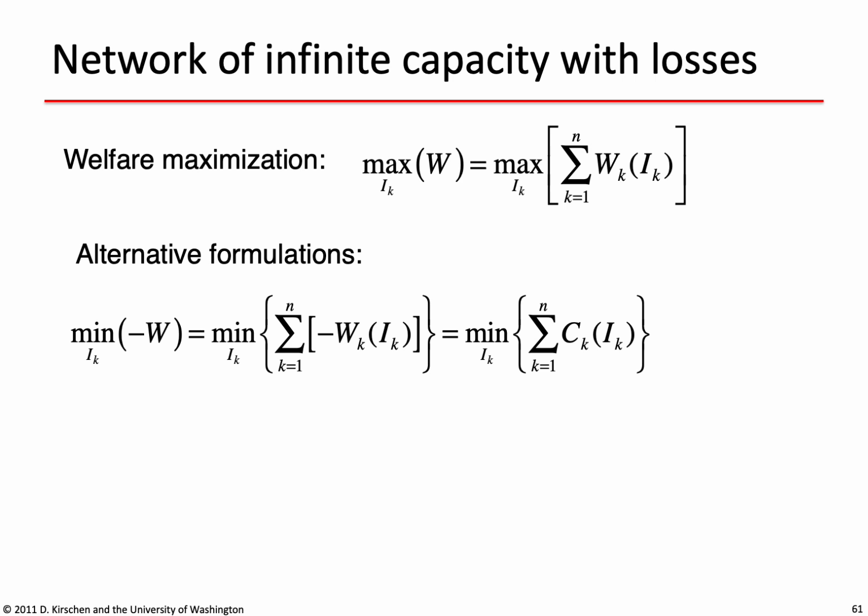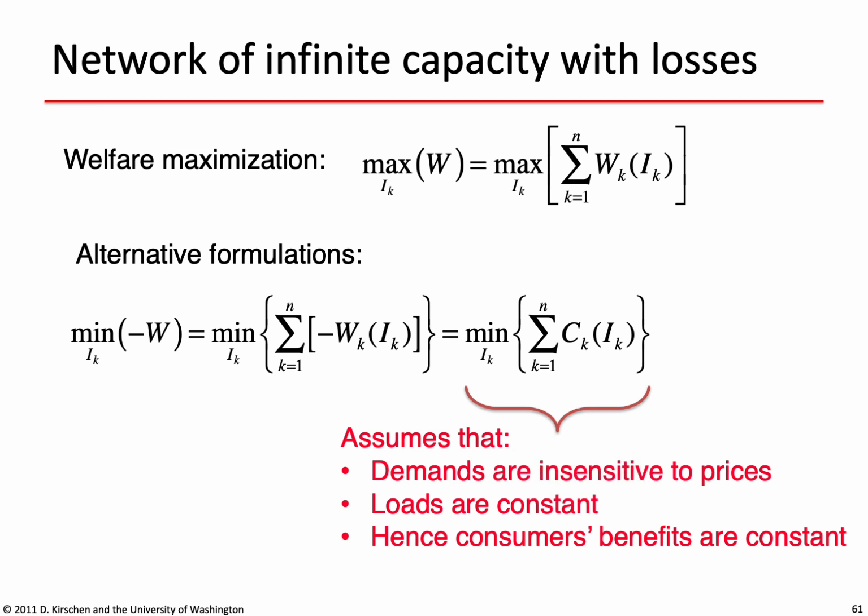And if we assume that the demands are insensitive to prices and that the loads are constant, and therefore that the consumers' benefits are constant, what we can say is that means we're neglecting the Wk's at the load buses. Then minimizing minus the welfare is equal to minimizing over injections the sum from k equals 1 to n of the cost of producing injection Ik at bus k.